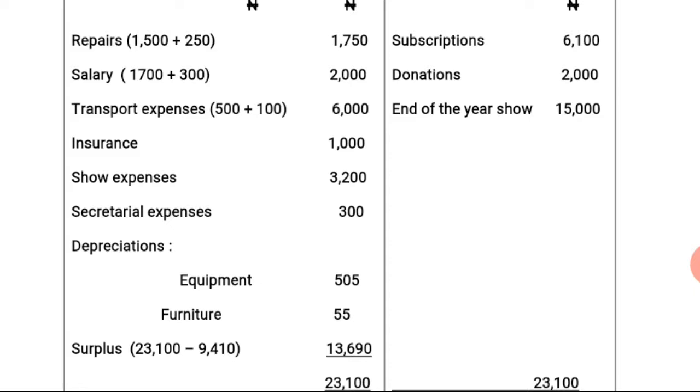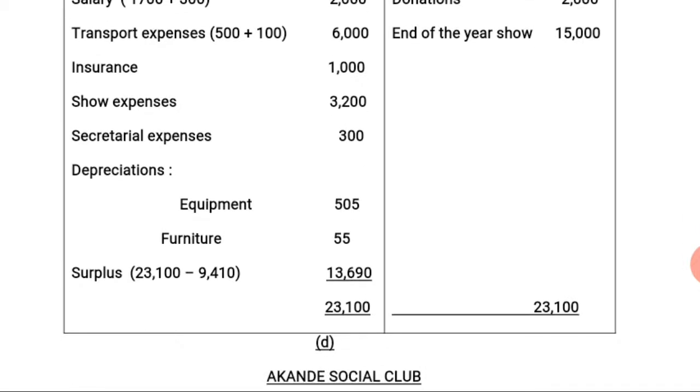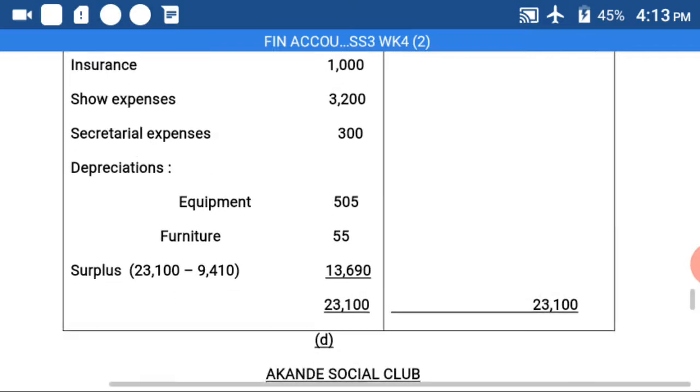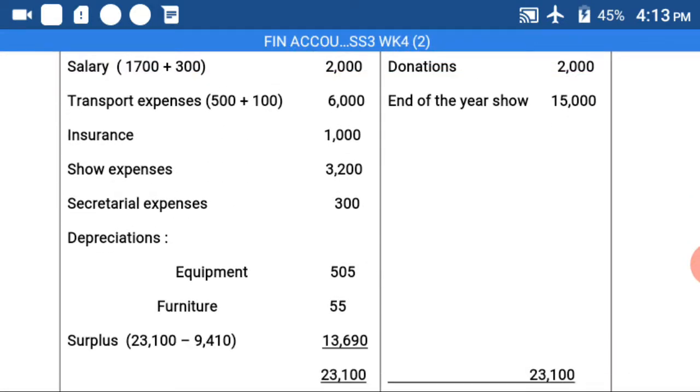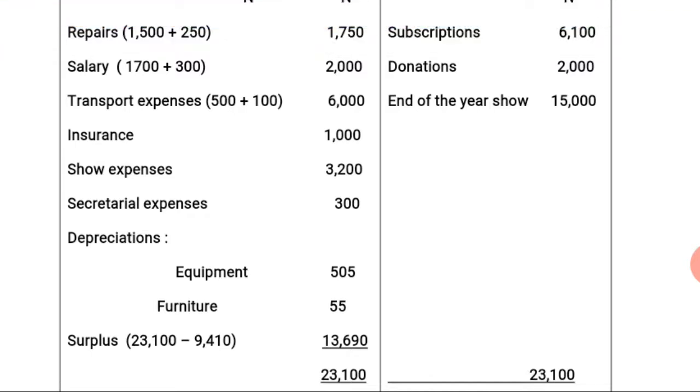Then we have amount realized from end of the year show, which was 15,000 naira. So the total of the income side of our income and expenditure account stood at 23,100 naira. Now on the expenditure aspect, that is the expenses side, we have repairs.